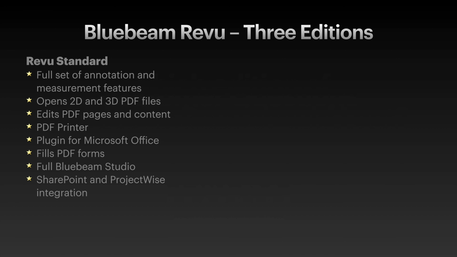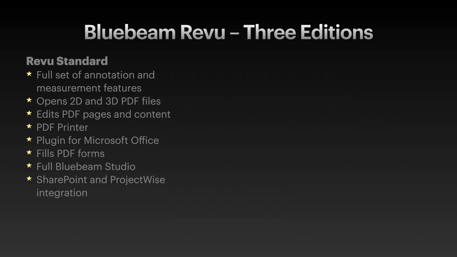Revu Standard already comes with a full set of annotation and measurement features, which means you've got all your markup features, you've got all your measurement features, you've got your markups list, you've got your Excel export, your CSV export for all the taken measurements and all the collaboration features. So basically it is a full-scale software, and it's actually what most of our customers end up buying.